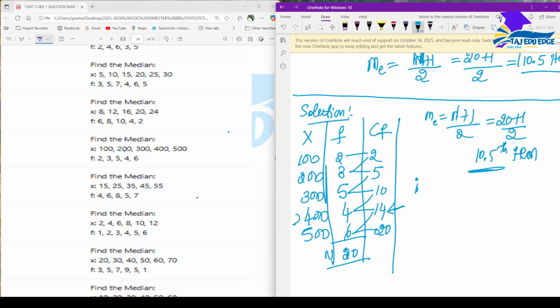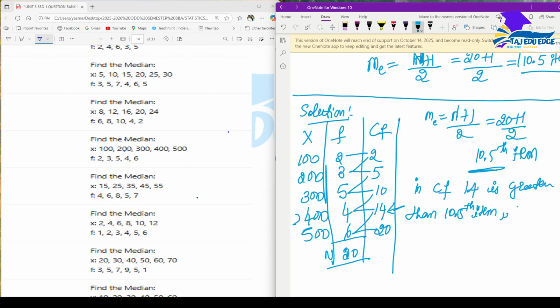We have to write that in CF: 14 is greater than 10.5, the 10.5th item.